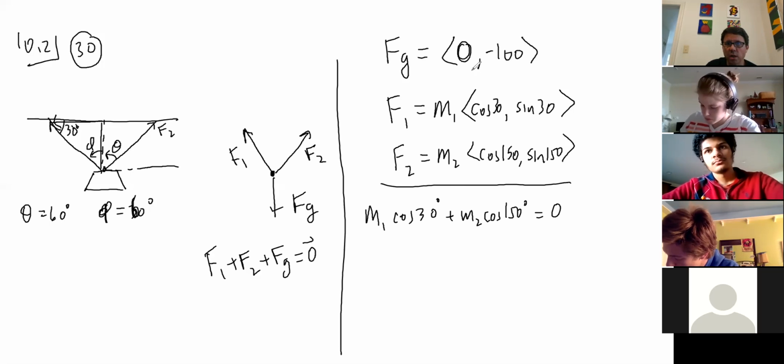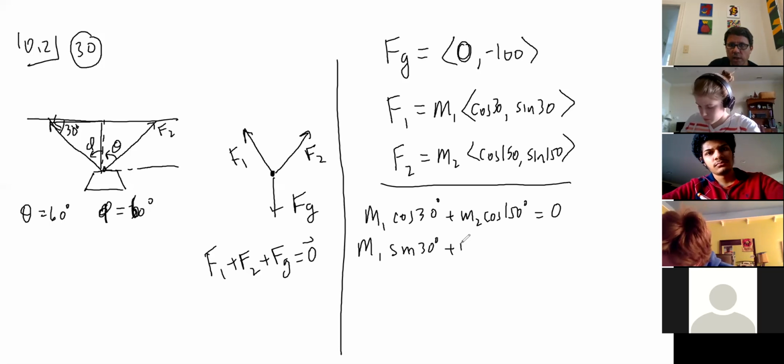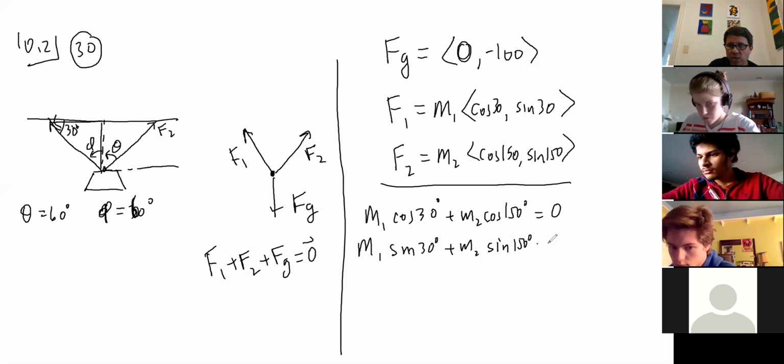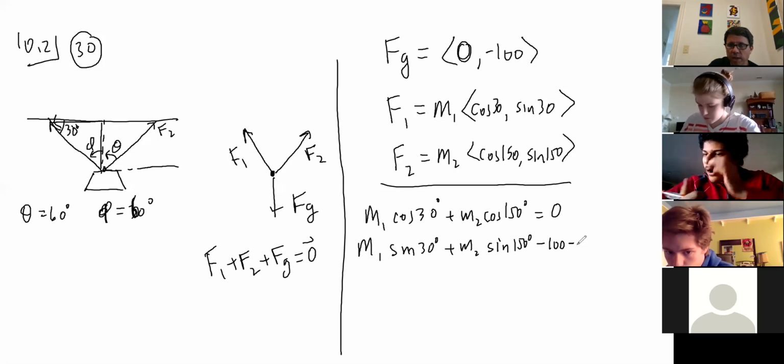The x component of gravity is 0, so I add all those up and I get 0. For the y components, I need that M1 times the sine of 30 plus M2 times the sine of 150 minus 100 has to be 0.